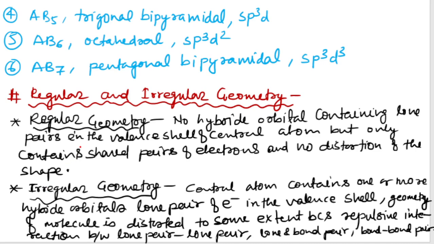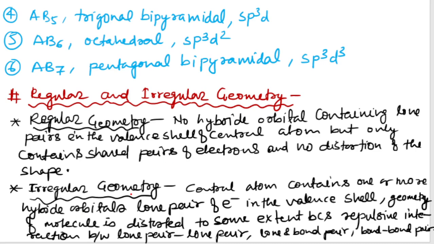That means regular geometry molecules have no lone pairs of electrons, and there will be no change of shape.